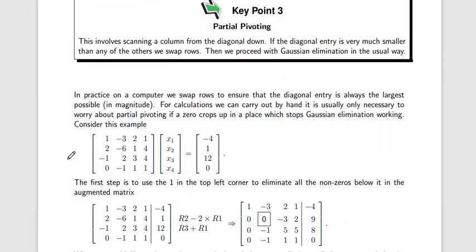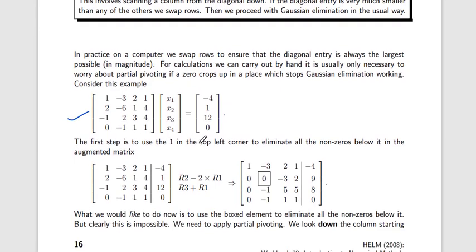Okay, so let's take one example so you can get a better idea about how to use partial pivoting. Here is a 4x4 matrix in x1, x2, x3. First we start with the 1, and we want to transform the 2, minus 1 and 0 into 0. This one is already 0, so we will not operate on row 4.